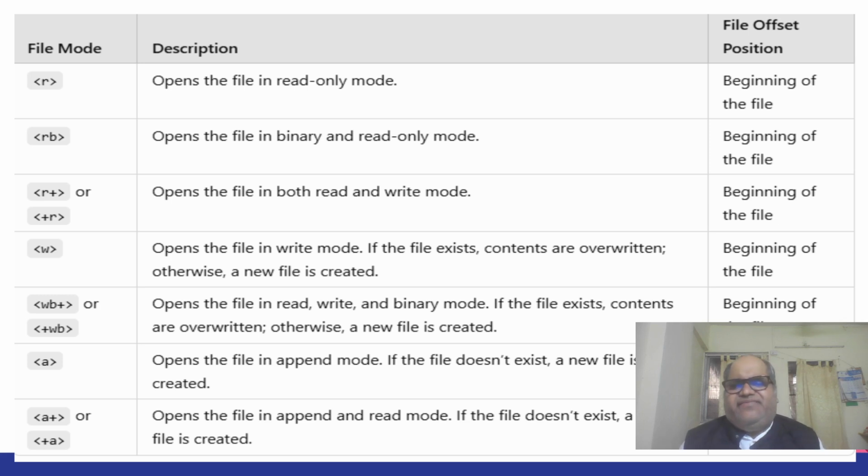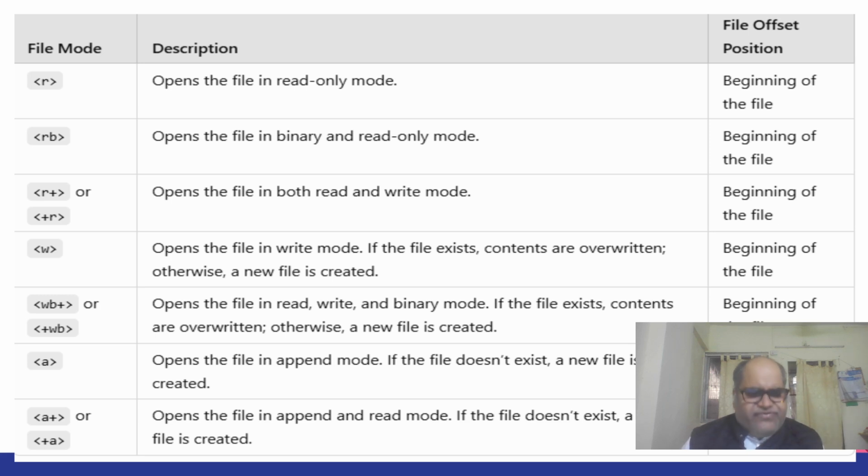By default, they start at the beginning of the file. rb will open the file in binary and read only mode, again at the beginning of the file. r plus opens the file for both read and write. So the difference between r plus and r is that r only opens for read, while r plus will open for both read and write. w plus will also do the same.